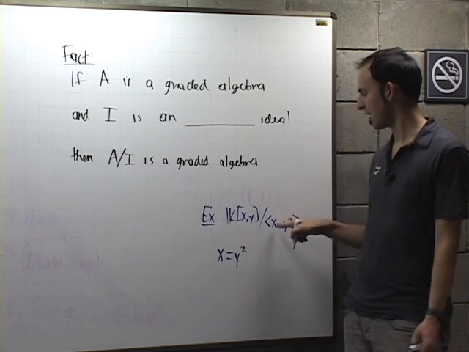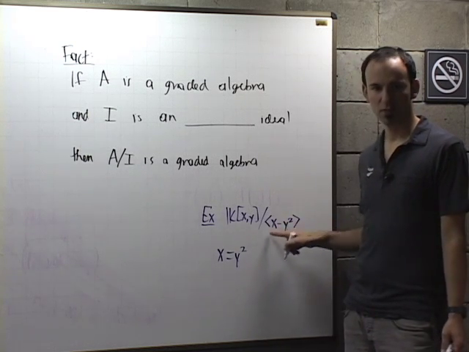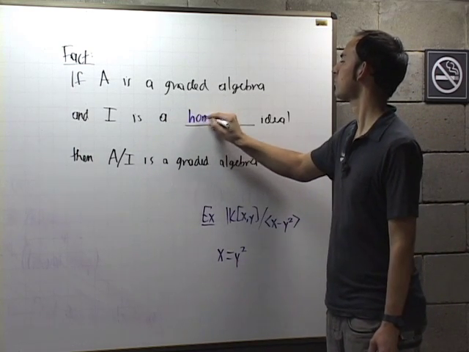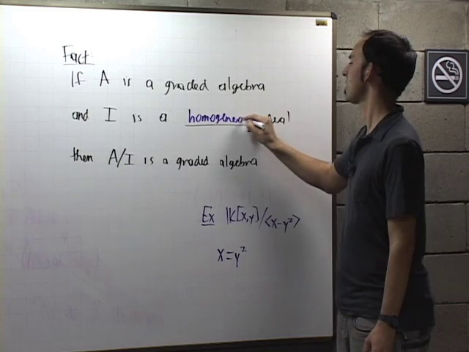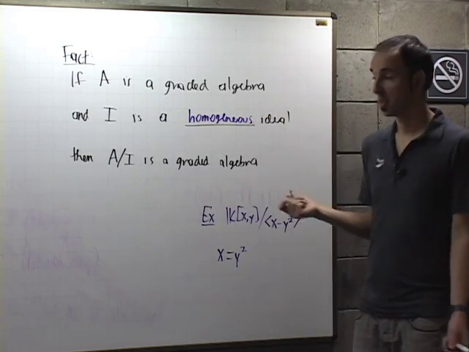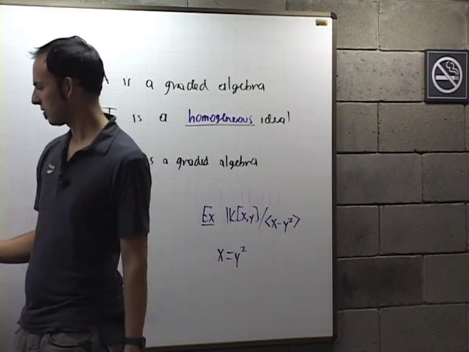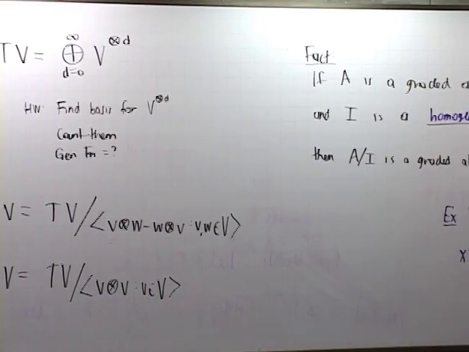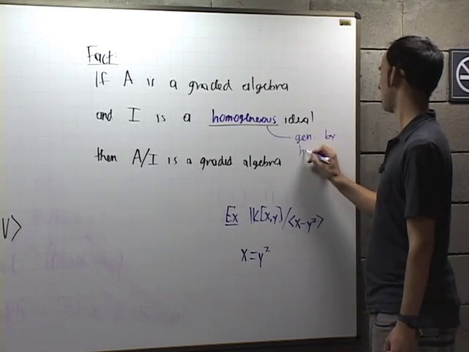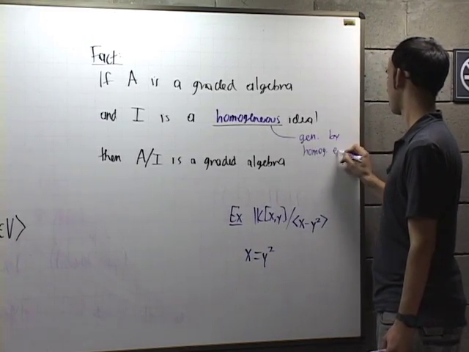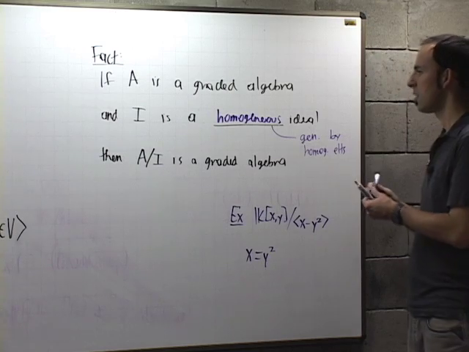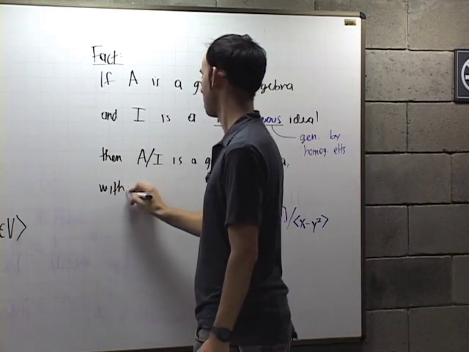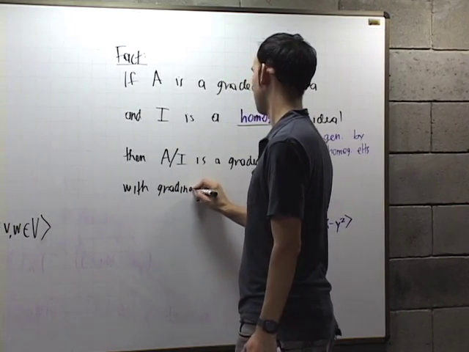And the trouble is that this is not a homogeneous thing. Okay? And so what you need is a homogeneous ideal. But here these are homogeneous, right? These are generated by things of degree 2 in both cases. So when I say homogeneous ideal, I mean generated by homogeneous elements. Okay. Then A mod I is a graded algebra with grading inherited from A.